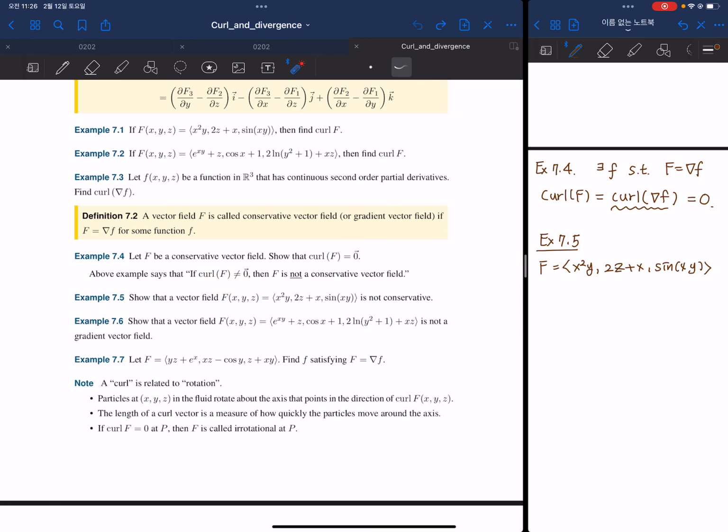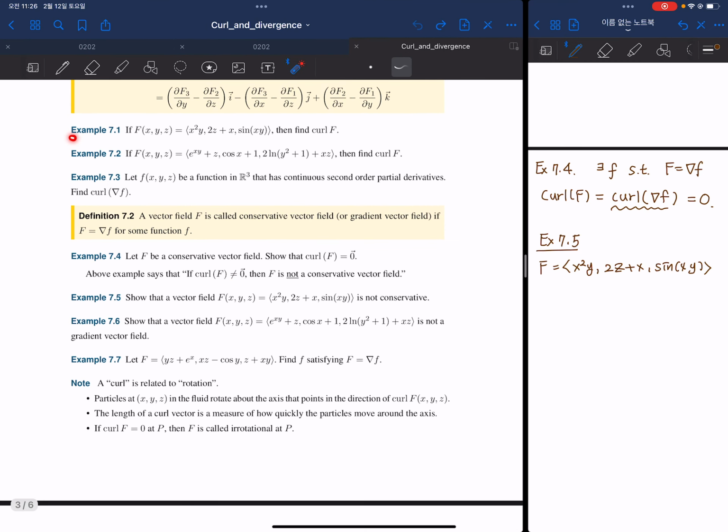In example 7.1, we found the curl of this given vector field, and we have already got the curl of F as x cosine xy minus 2, then minus y cosine xy, and 1 minus x squared, right? So it was not 0. It means that, since the curl of the vector field is not 0, we can say that F is not a conservative vector field.